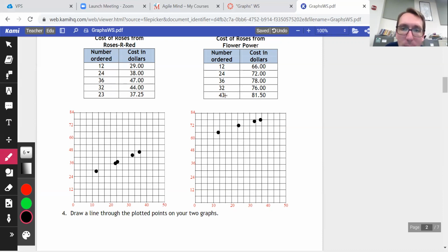And 43 roses cost $81. Up there. Okay, so these are our lines.